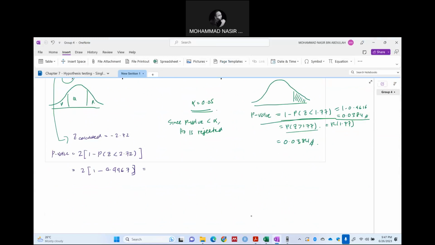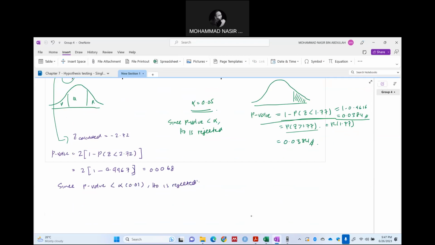So this one should be 0.0068. So since the p-value 0.0068 is less than alpha, our alpha is 0.01, the null hypothesis is rejected.